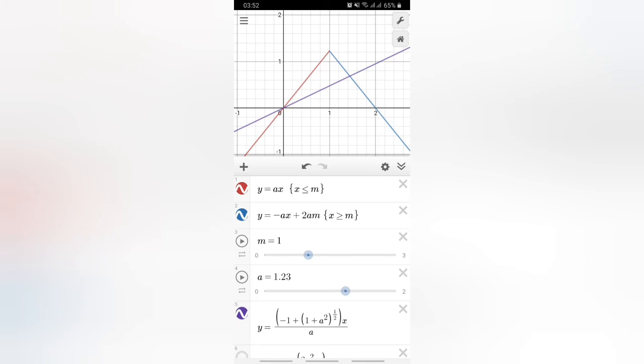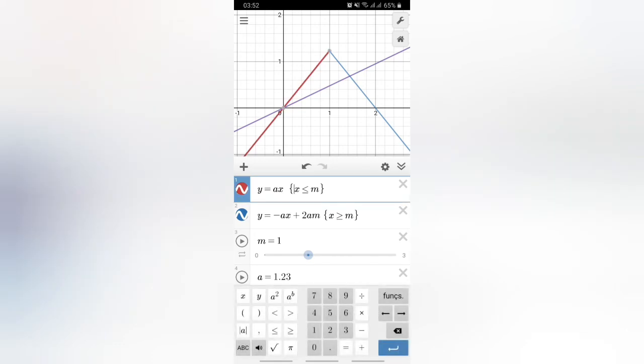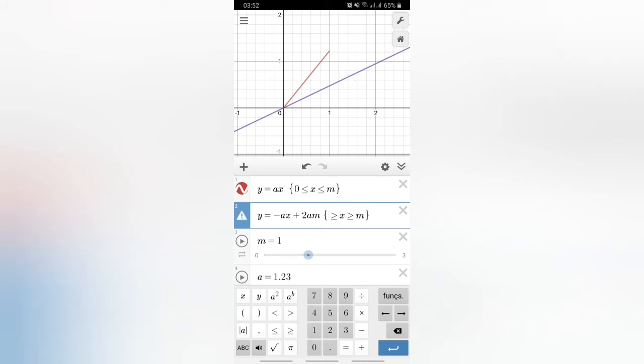So I did here the equation, so notice that the red line for x is smaller than, I can say, and bigger and equal to 0, right? Because I only care for this first part. And here I can say it is smaller or equal to 2.